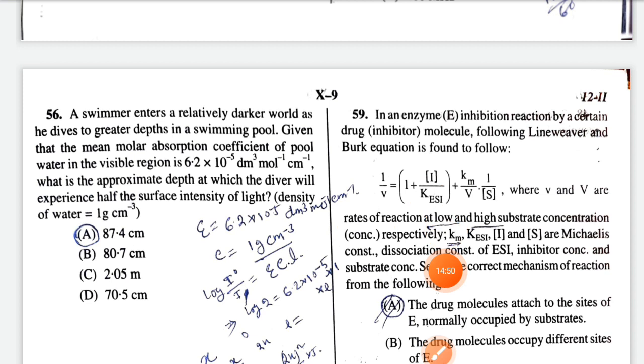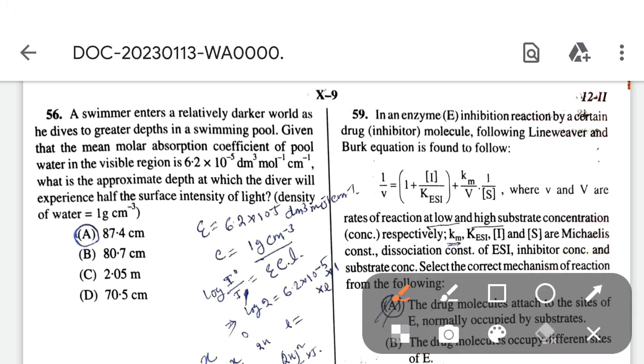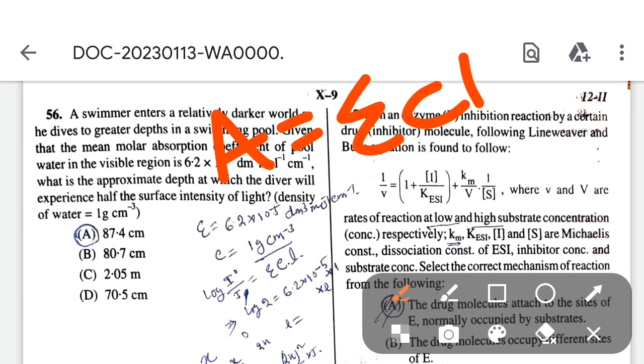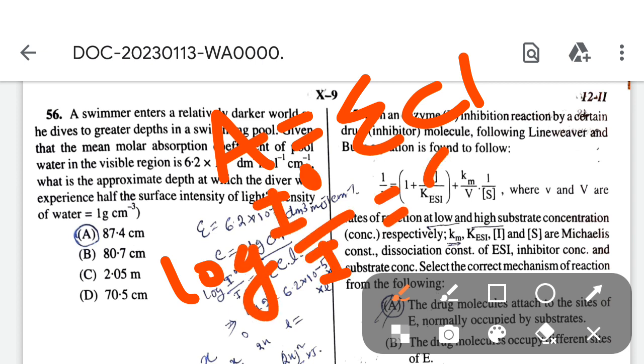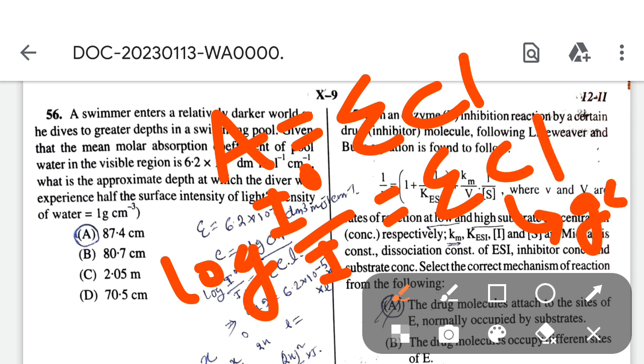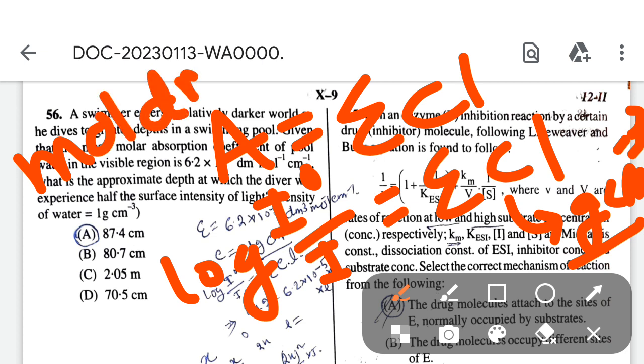Here we can use the formula A is equal to epsilon CL. We know that A is log of I0 by I and is equal to epsilon Cl. C is given here in gram per centimeter cube, but we can convert this to mole per dm cube.